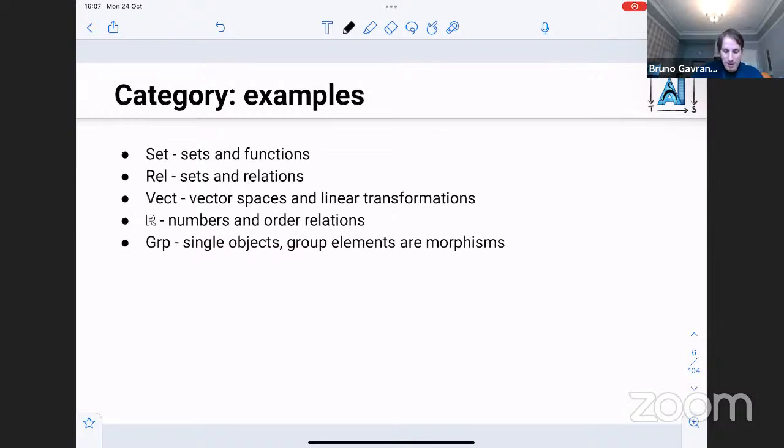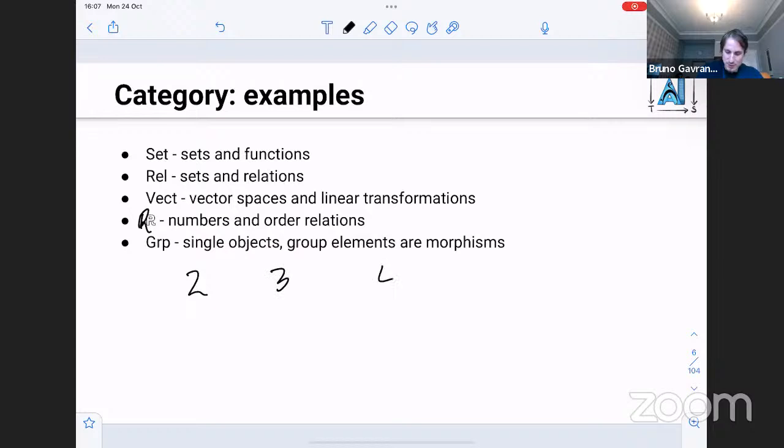There's a category Rel where objects are sets, but morphisms are now relations. Likewise, we can have a category where objects are vector spaces and morphisms are linear transformations. But really, objects in a category don't need to be sets. For instance, we could have a category here called boldface R, where objects are numbers.